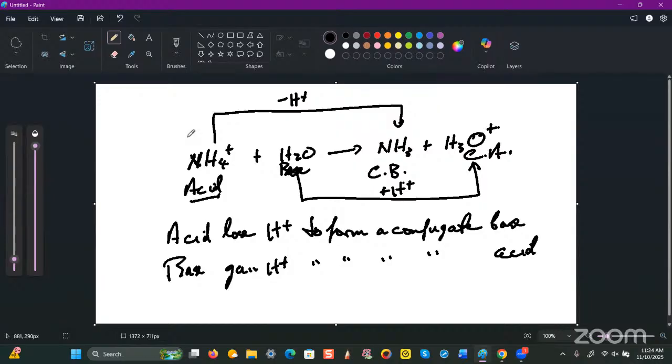There's a term that we use in chemistry when it comes to these types of reactions. We say that NH4 plus and NH3 is called a conjugate acid base pair.